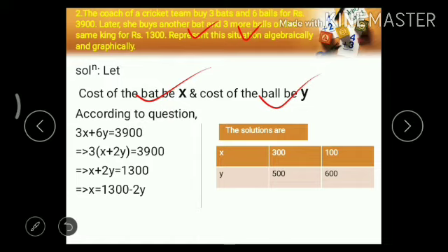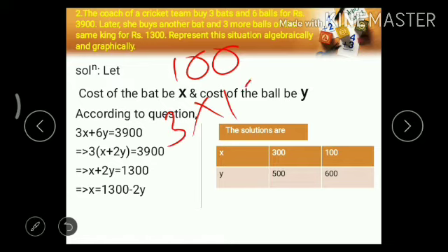The coach of the cricket team buys 3 bats and 6 balls. So if the cost of a bat is x rupees, then the cost of 3 bats will be 3x rupees. For example, if the cost of a bat is 100 rupees, then the cost of 3 bats will be 300 rupees, that is 3 into 100.